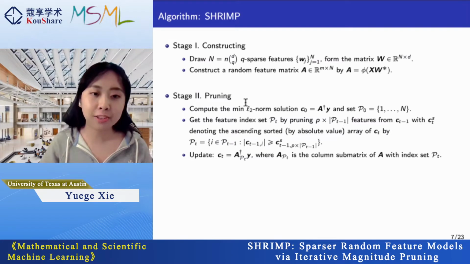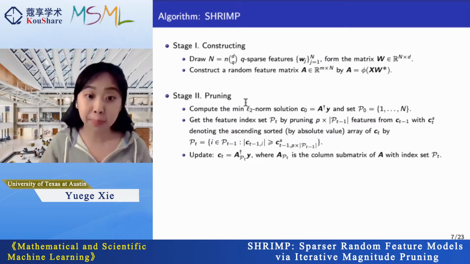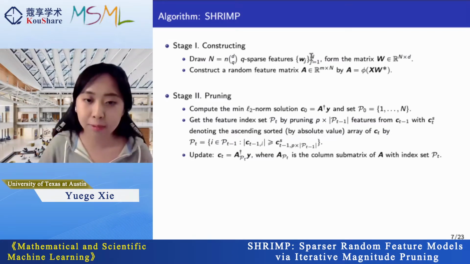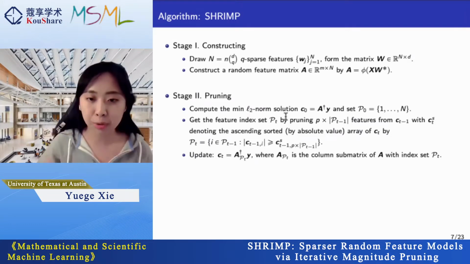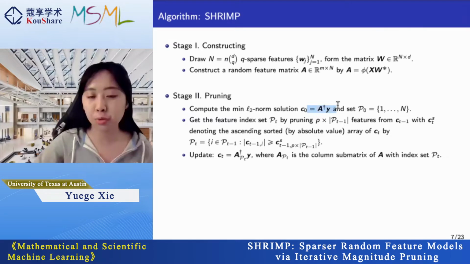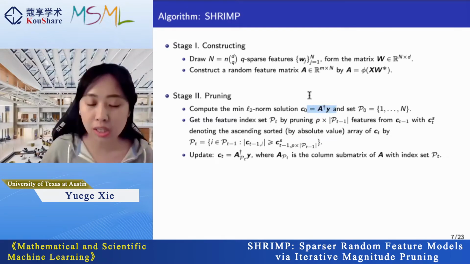The way we do it for random feature models is based on the random feature matrix. We compute the minimum L2 norm solution with the pseudo-inverse of the matrix, and we can directly compute it. Although the dimension at the very first is high, we only need to compute it once, so the computational cost is acceptable.